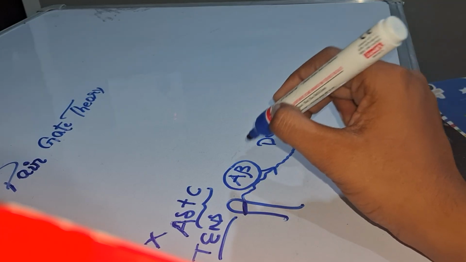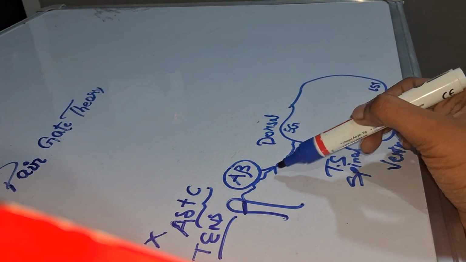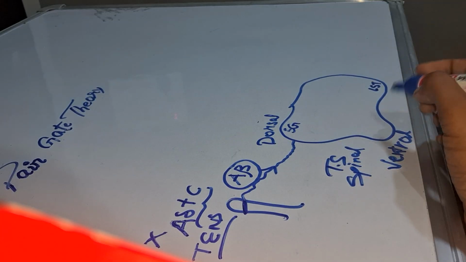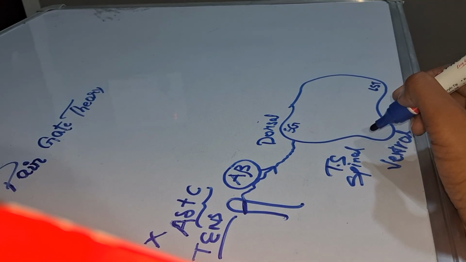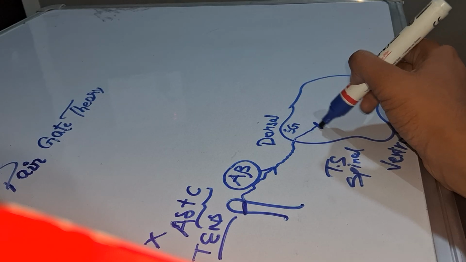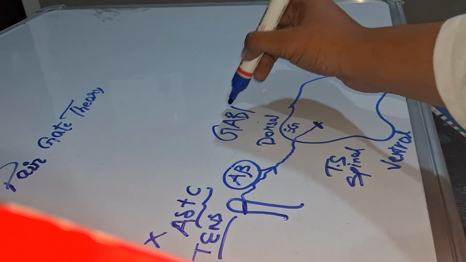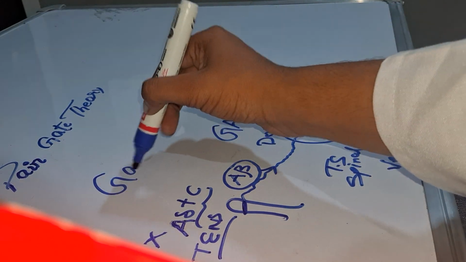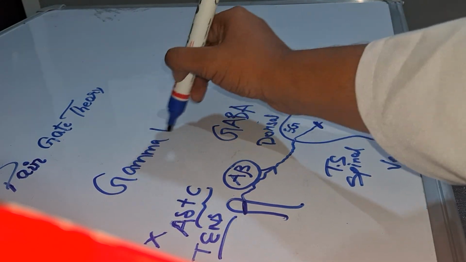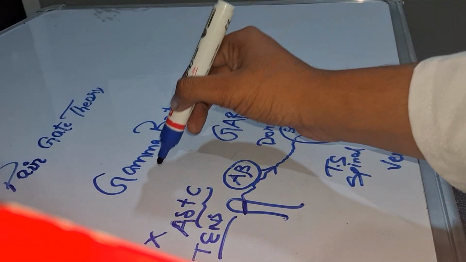If A beta fibers are activated, the sensation will travel in the TS section of the spinal cord, and here the GABA substance is released. GABA, that is gamma butyric acid.